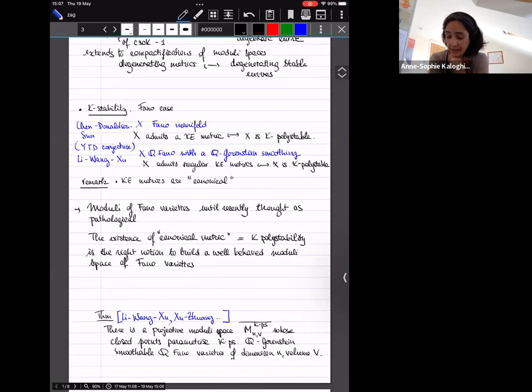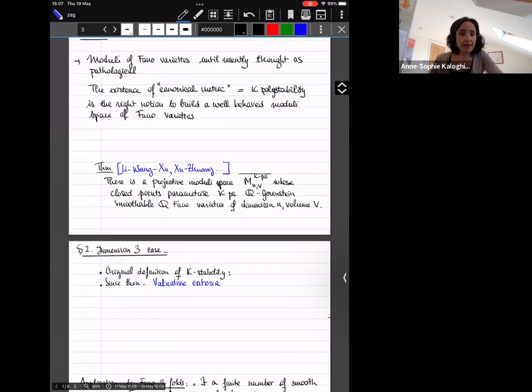This result states that there is a projective moduli space, M_{n,V}^{K-polystable}, whose closed points parameterize K-polystable Q-Gorenstein smoothable Q-Fano varieties of dimension n and volume V. Here Q-Fano varieties means Fano varieties with KLT singularities, and Q-Gorenstein smoothable is another technical constraint that says that they have a one-parameter smoothing that is Q-Gorenstein. So it makes sense to define a canonical class on the smoothing.